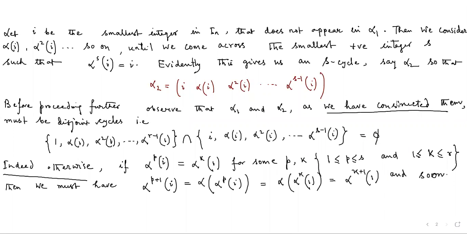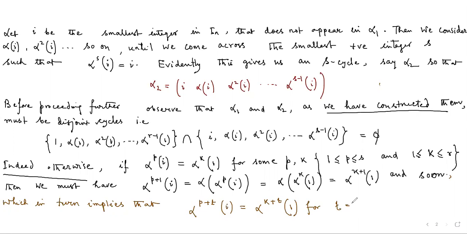Which in turn implies that alpha p plus t I will become equal to alpha k plus t of 1 for t equal to 1 and so on.